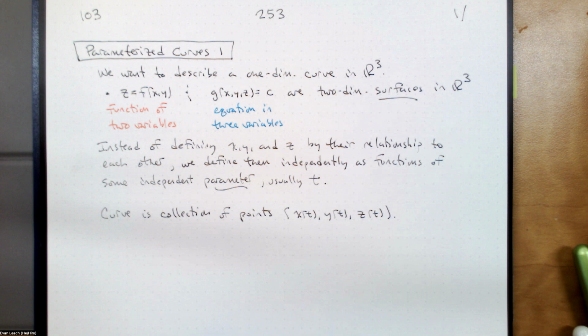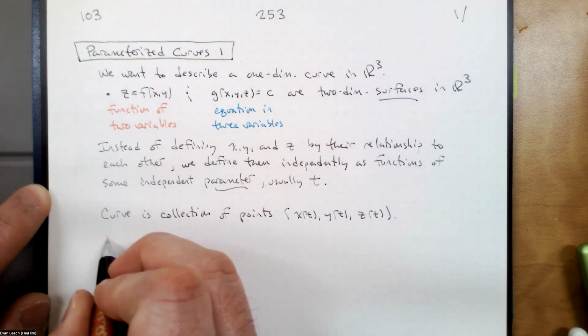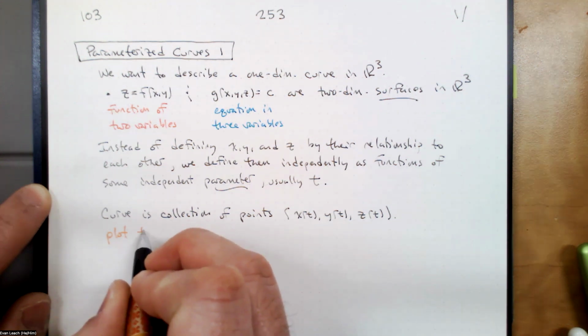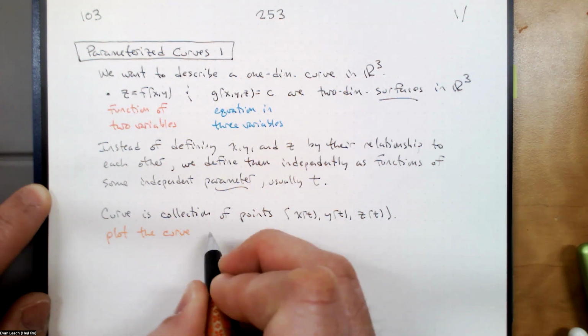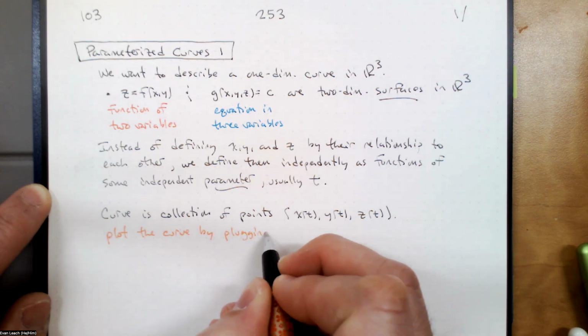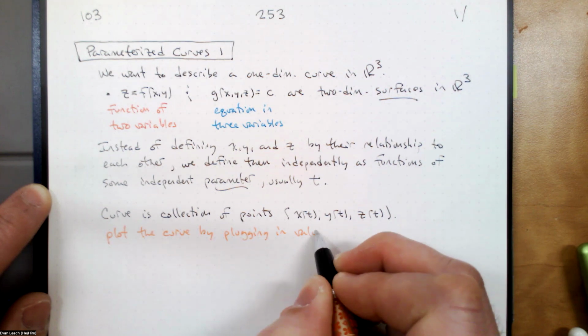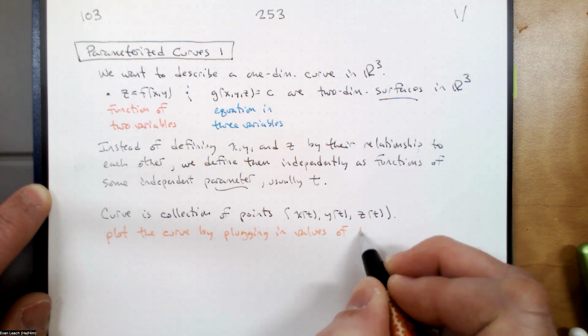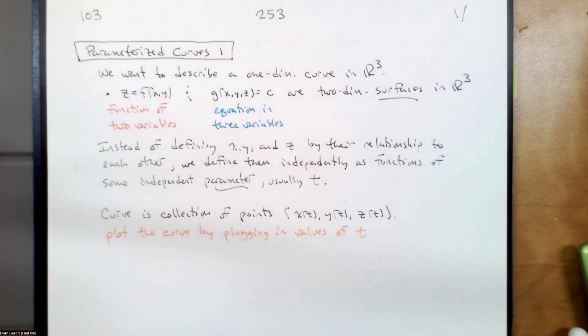So to plot the curve, instead of picking values of x, y, and z, we pick values of t and see what point they correspond to. So if we plot the curve by plugging in values of t.